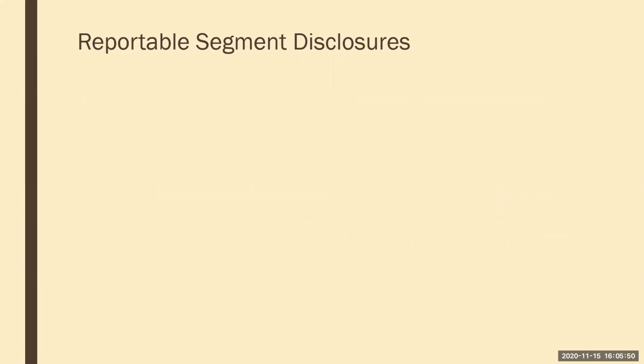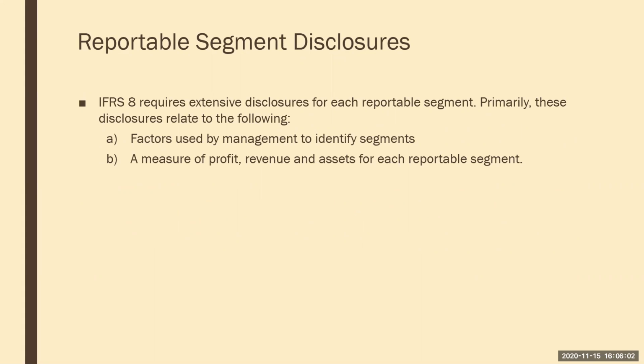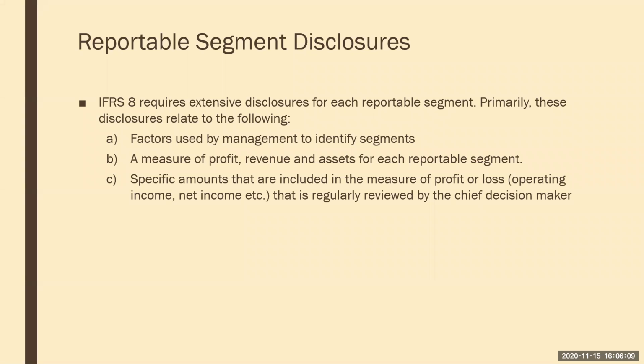What kinds of disclosures are needed? Well, those are described under IFRS 8. Primarily, these disclosures relate to what factors are used by management to identify the segments, a measure of profit, revenue, and assets for each of the reportable segments, specific amounts that are included in the measure of profit or loss, for example, operating income, net income, etc., that is regularly reviewed by the chief decision maker.